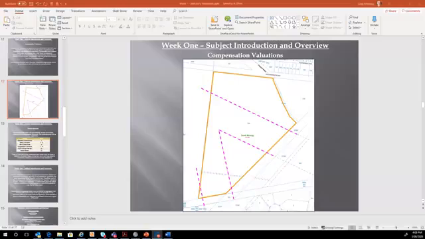But we'll be looking at that in the second half of this semester and dealing with the compensation. Okay, so let's move to the next slide.